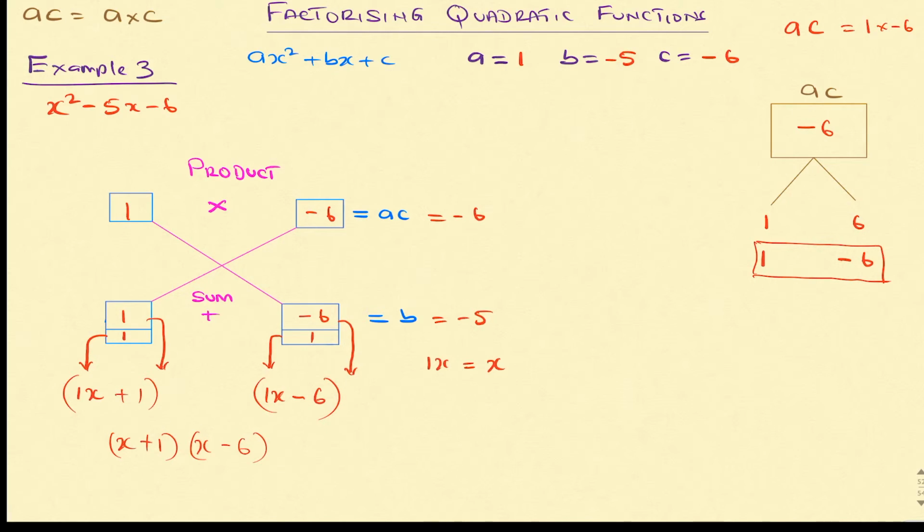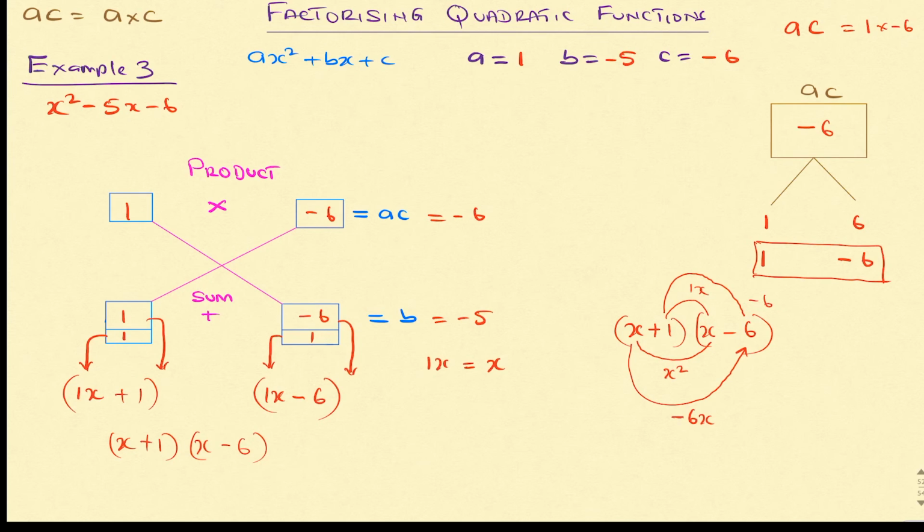We need to justify that when we expand it to make sure that it gets back to the original equation. So x plus 1, x minus 6. Expanding that would be x times x, that would be x squared. X times minus 6, that would be minus 6x. 1 times x, that would be 1x. 1 times minus 6 will be minus 6.